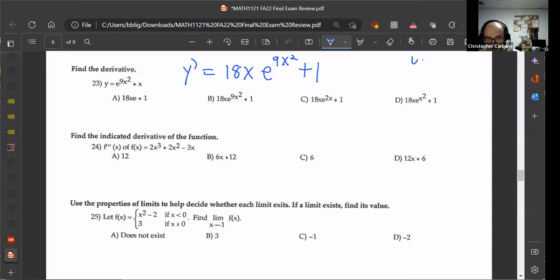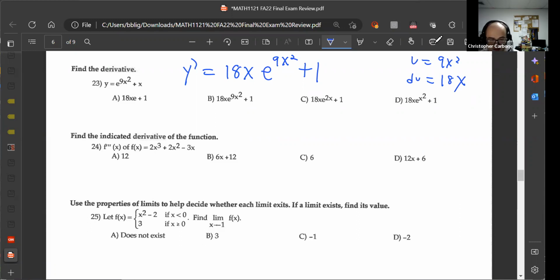And this uses a u of 9x squared, and du is 18x, which would then give us this particular derivative.